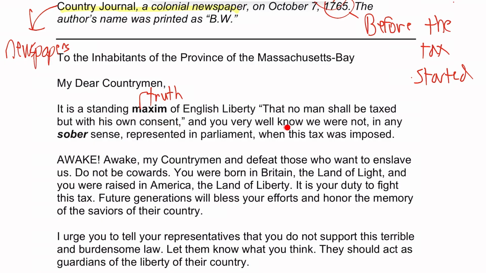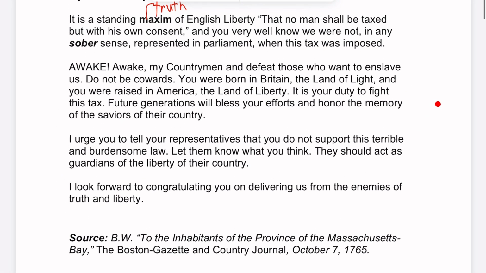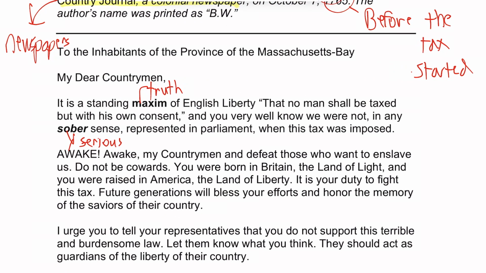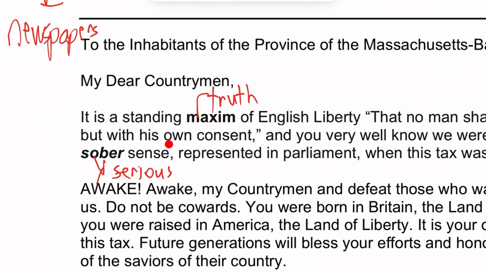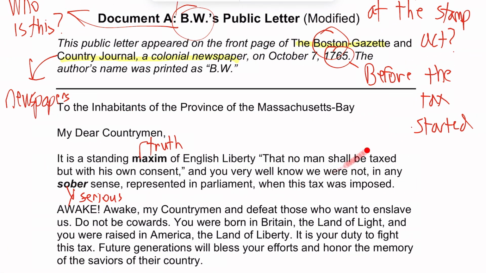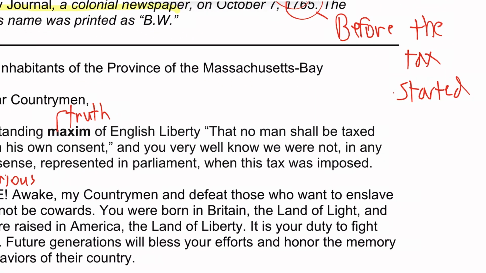And you very well know we were not in any sober sense, sober means serious, represented in Parliament when this tax was imposed. Okay, so in this first paragraph, that no man shall be taxed without his own consent, it looks like this comes back to the idea again and again that the colonists are upset about not being represented when this tax was first passed.